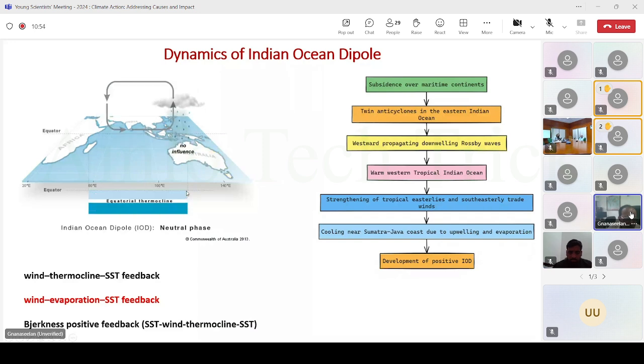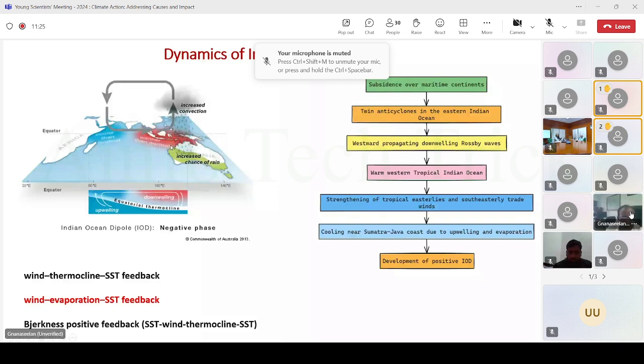So now the main mechanism forcing the Indian Ocean dipole: there is a large subsidence during the positive phase of an IOD. This subsidence over the eastern Indian Ocean region or maritime continent region triggers two anticyclones, one in the south and one in the north, and these anticyclones can force downwelling Rossby waves in the ocean.